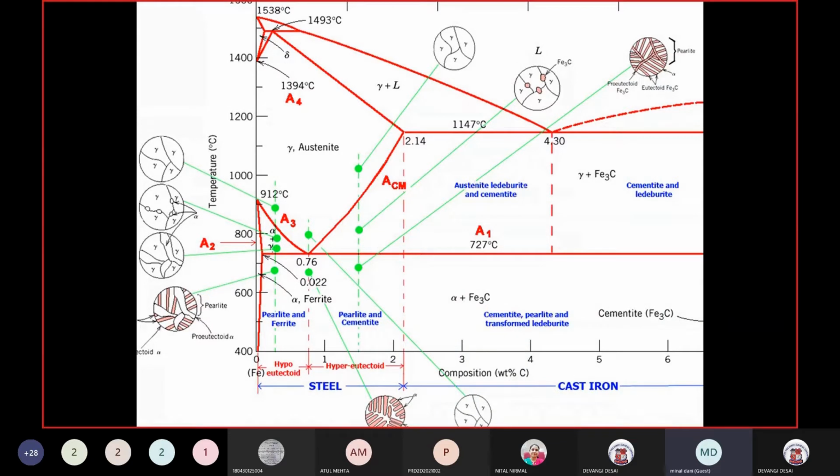Same way for cast iron also, you can see another dotted red line at 4.3 percentage carbon. After that, up to 4.4, 4.5 maximum carbon solubility is there in iron for manufacturing of cast iron. So theoretically, cast iron can be categorized up to 6.67 percentage, but practically whatever cast iron you are manufacturing is up to 4.3, 4.4 percentage.